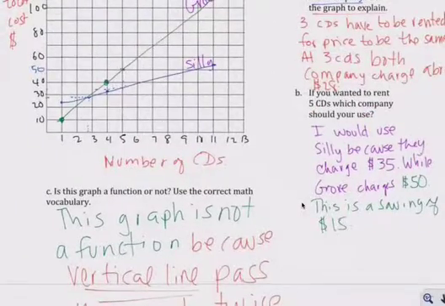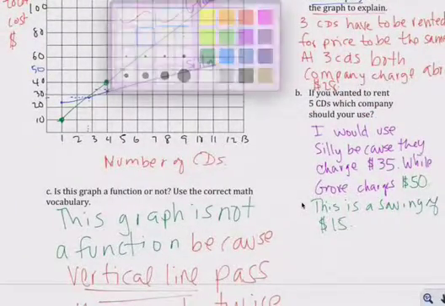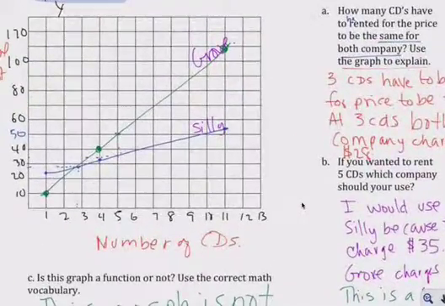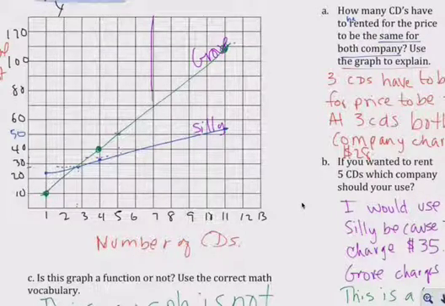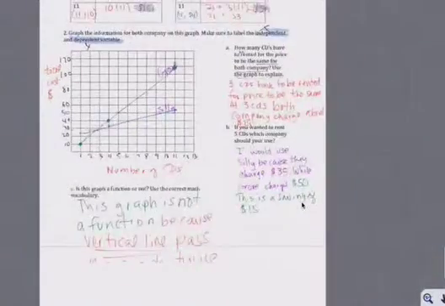Okay, so look. We put an imaginary vertical line in here. It passes the graph 2 times. Therefore, it is not a function. And any other place in your imagination, you put it right here, it crosses twice. Not a function automatically because it passes twice.